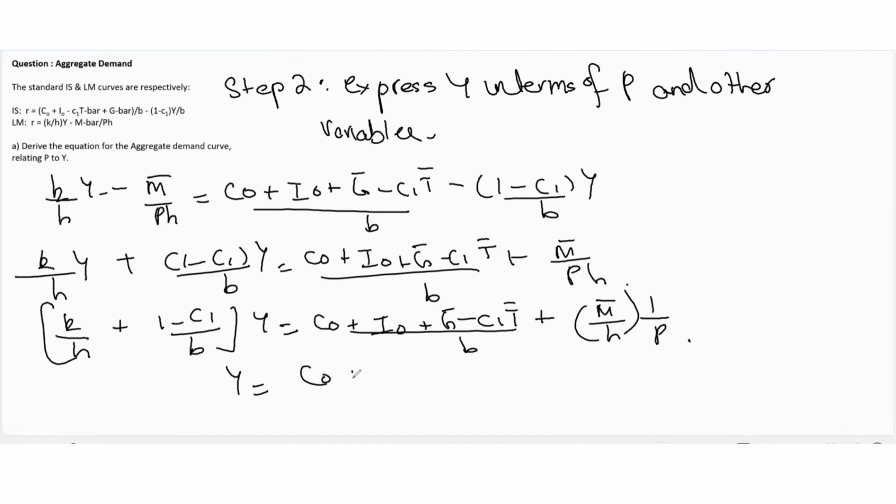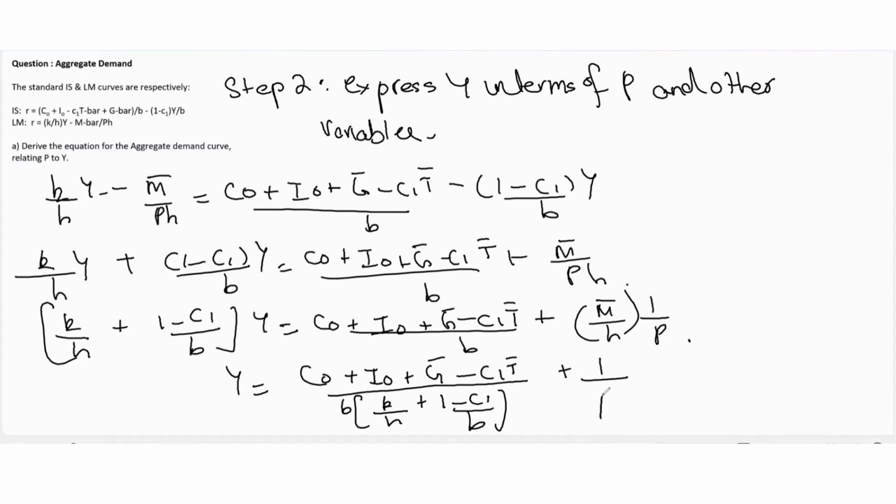Then this becomes (C naught plus I naught plus G bar minus C1 T bar) by b divided by (k by h plus (1 minus C1) by b), plus (M bar by h) divided by (k by h plus (1 minus C1) by b), times 1 by P.